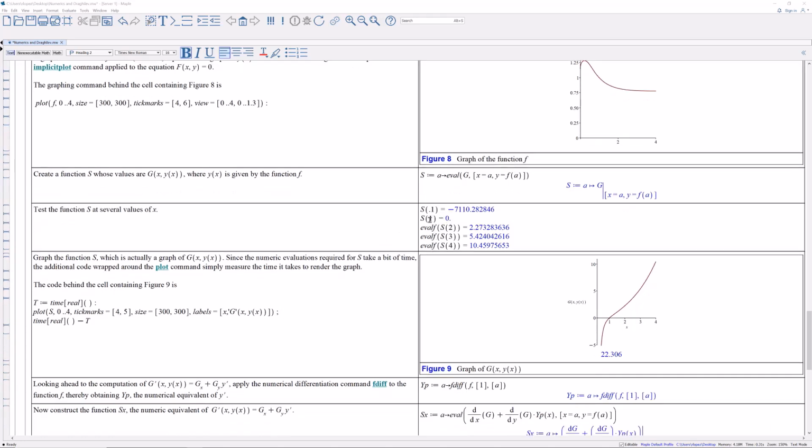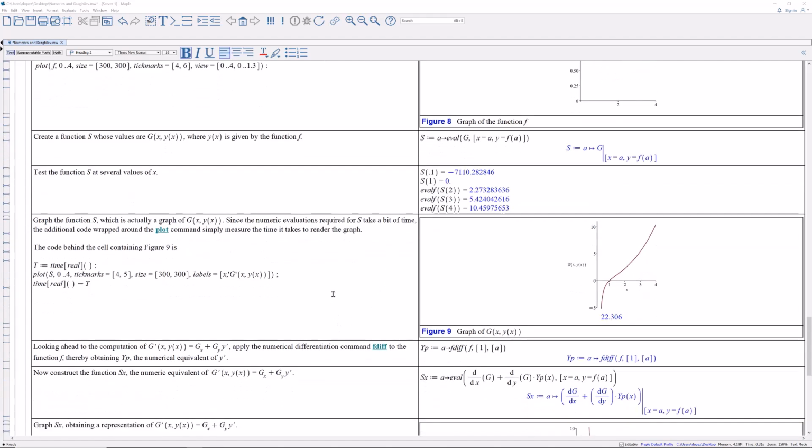Here are some numerical experiments. These numbers turn out to be the correct numbers. Then I want to draw the graph of g of x, y of x. And the commands hiding behind here, I've reproduced here.